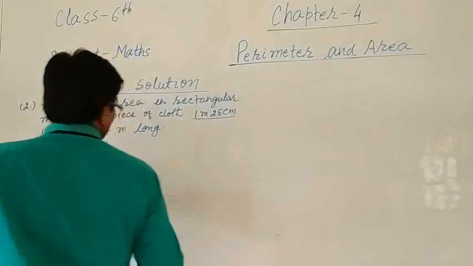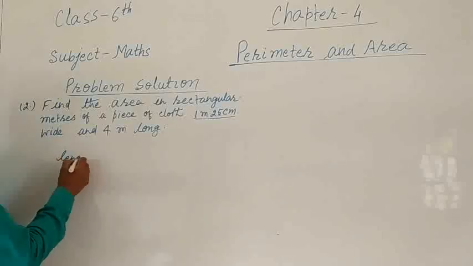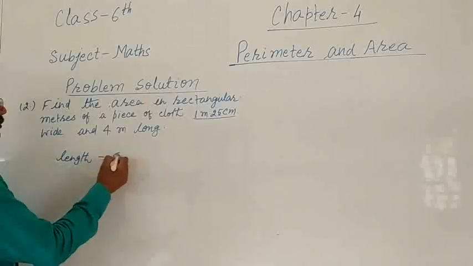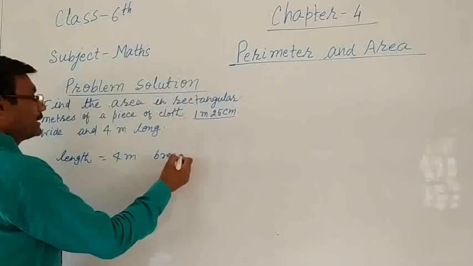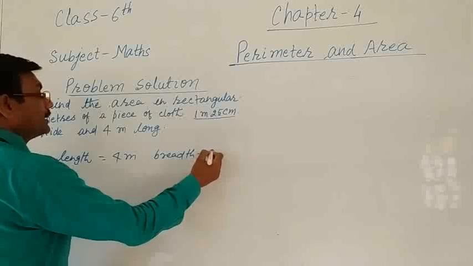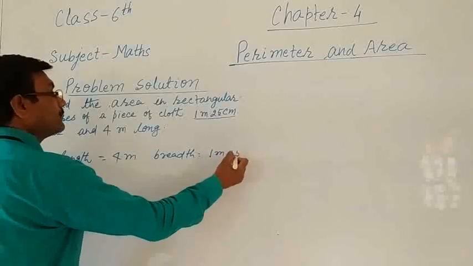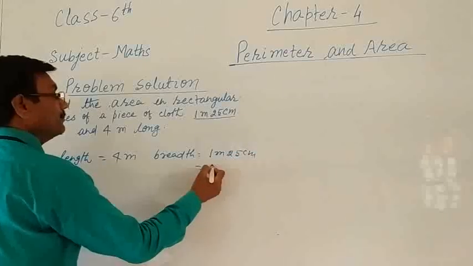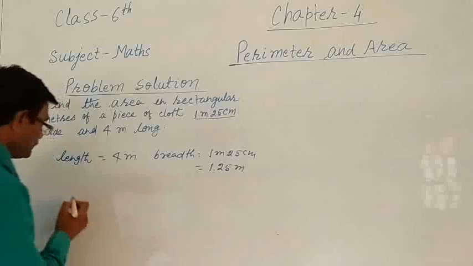Then write here the length is equal to 4 meter and breadth is equal to 1 meter 25 cm, means 1.25 meter.